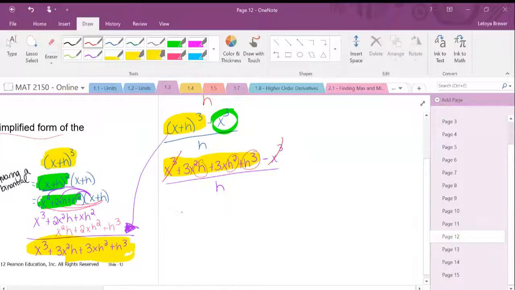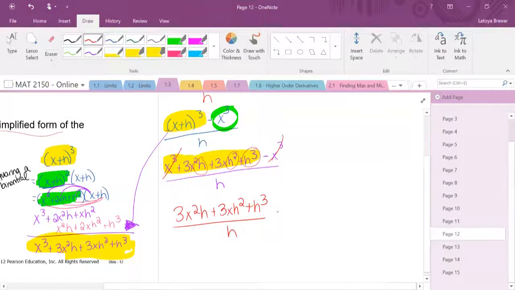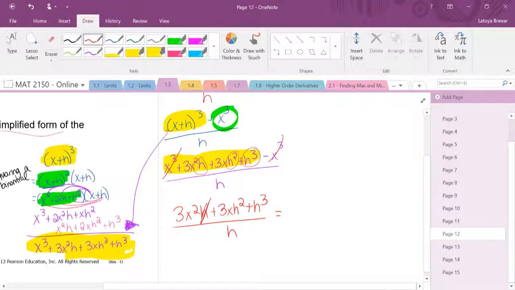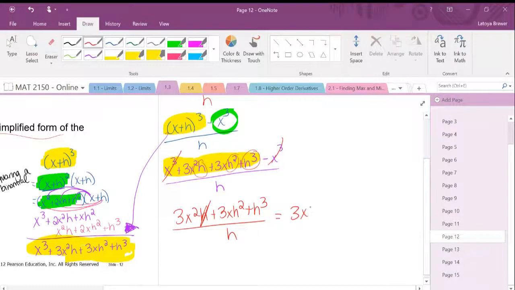So that leaves me with 3x squared h plus 3xh squared plus h cubed all over h. And now I can divide each one of these terms by h. In other words, take away 1h from each term. So this h is just going to be gone. I'm going to reduce that down to the 3x squared.